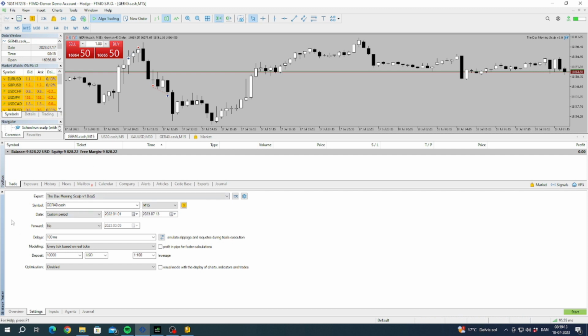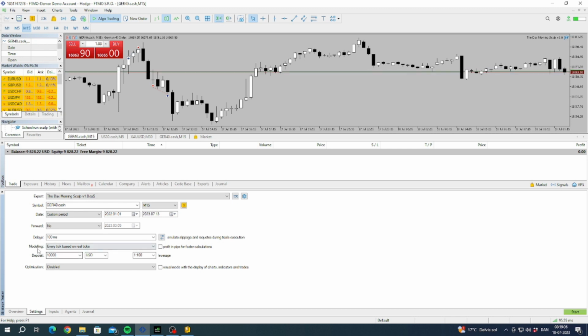So for the period here, I will be using the period from the beginning of 2022 to 2023, which is also the period I've shown on the screenshots that I've uploaded to the MQL5 market.